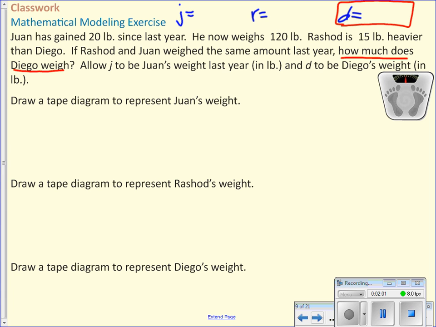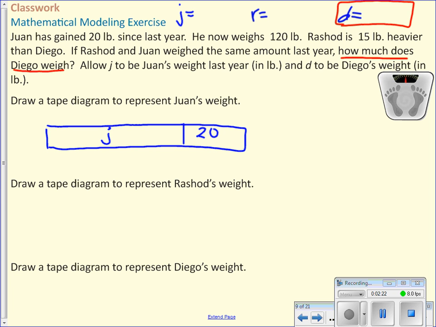Let's go back to the first line. Juan has gained 20 pounds since last year, now weighs 120 pounds. So let's draw a tape diagram. So J is Juan's weight last year, but then he added 20 more pounds for this year. So Juan's weight last year plus 20 pounds equals what?